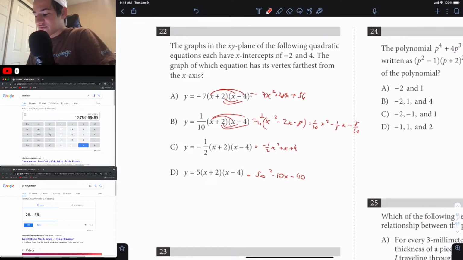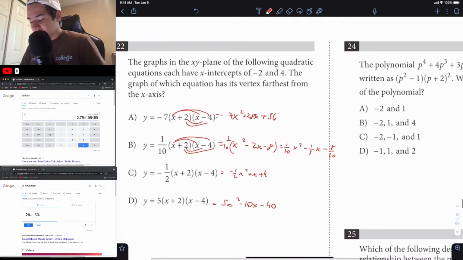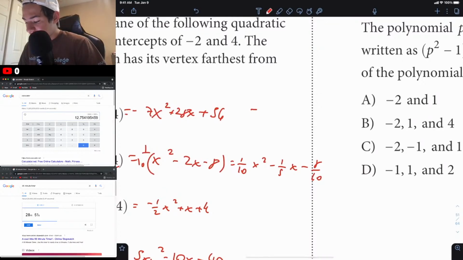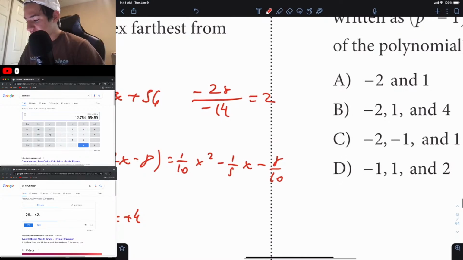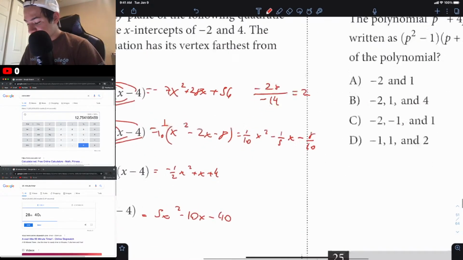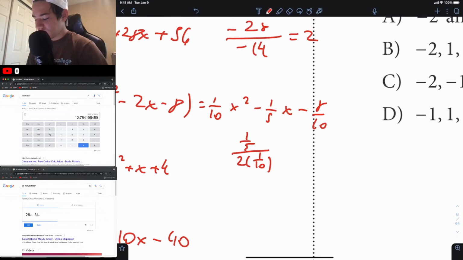All we need to do is negative b over 2a for each of these, because negative b over 2a is going to be the x value of the vertex. So negative 28 over 2 times a, which is negative 14, which is going to be 2. So that's x equals 2. This one is going to be negative b, which is 1/5 over 2 times 1/10. So 1/5 over 1/5, which is 1.